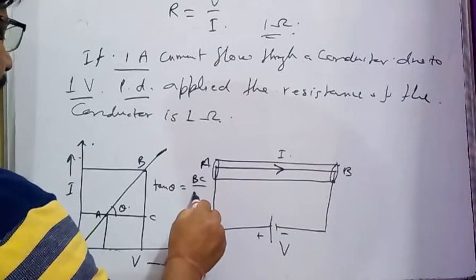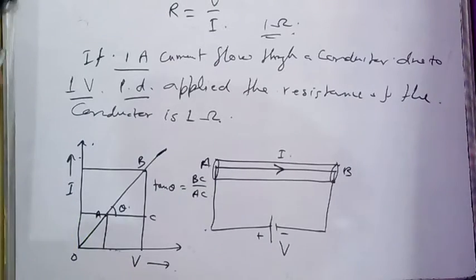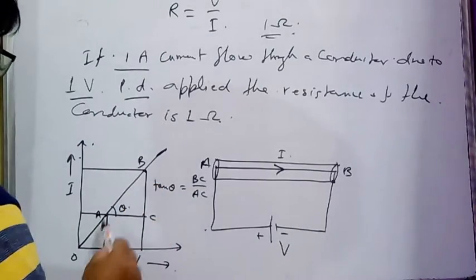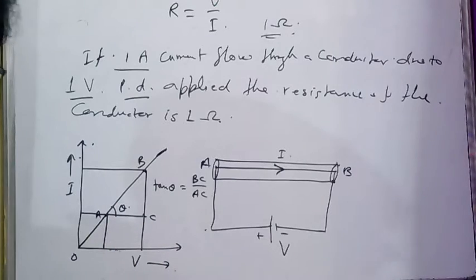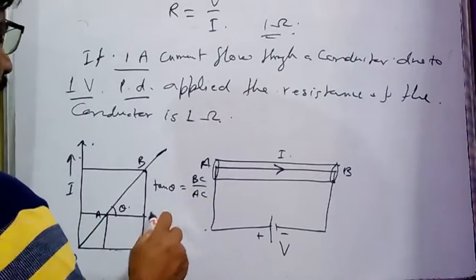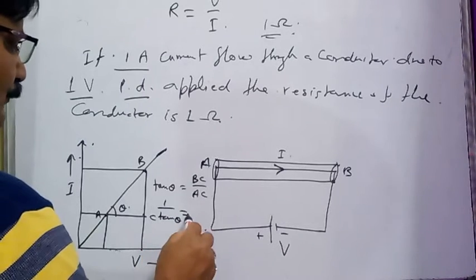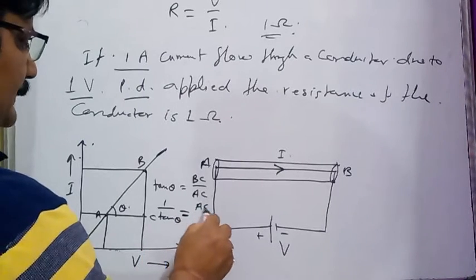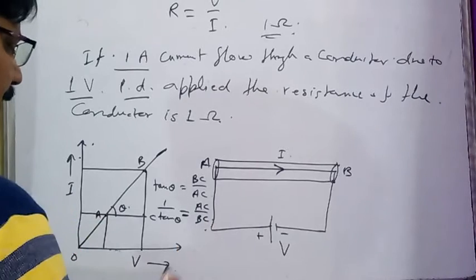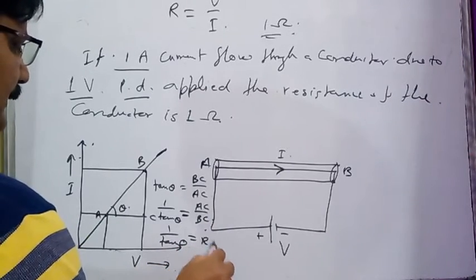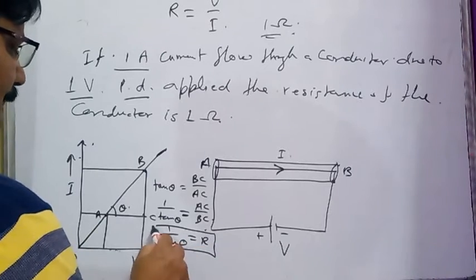The slope of the graph is BC by AC, where BC is the change in current divided by the change in potential difference. So 1 by tan theta is going to be AC divided by BC, and 1 by tan theta is equal to the resistance of the conductor.